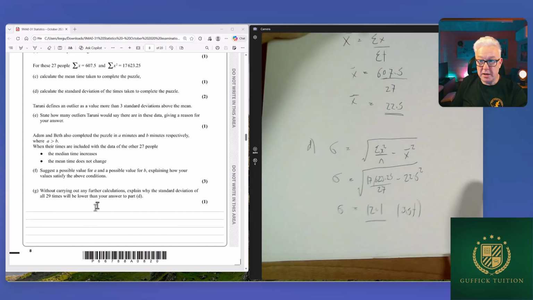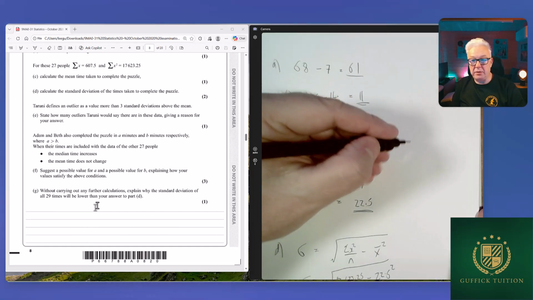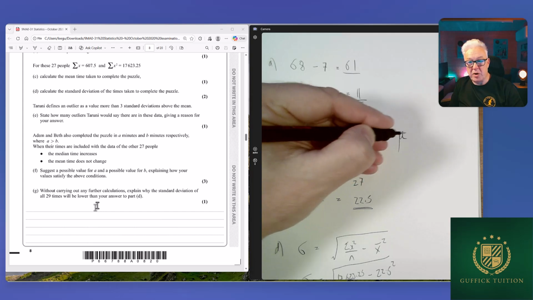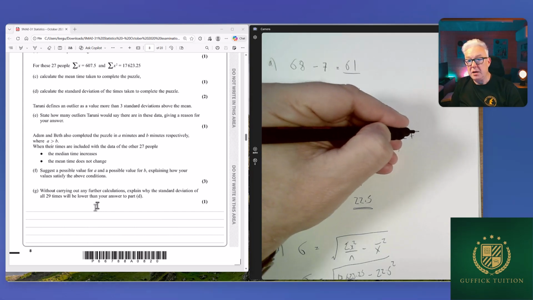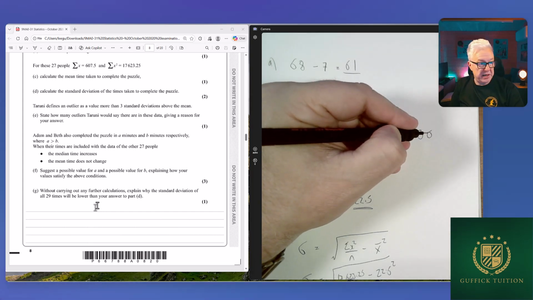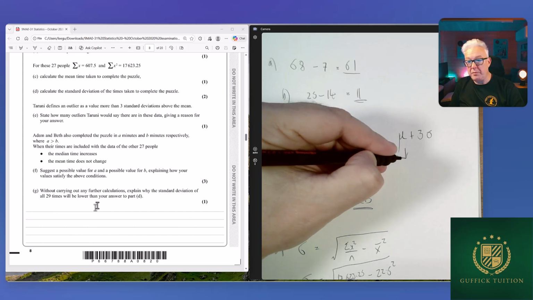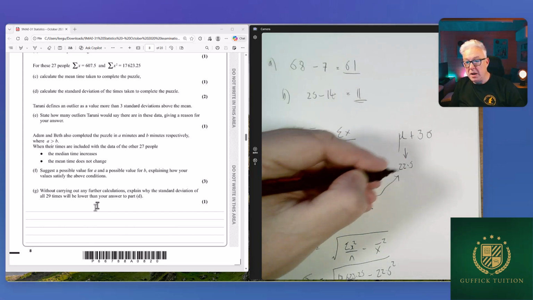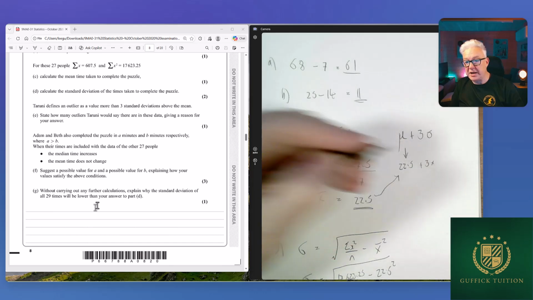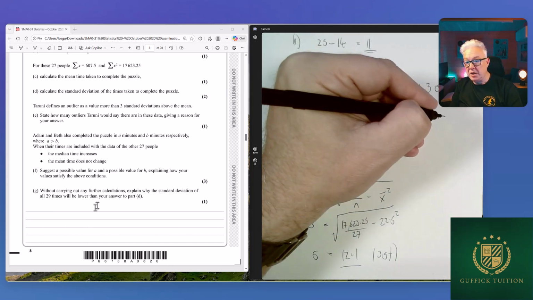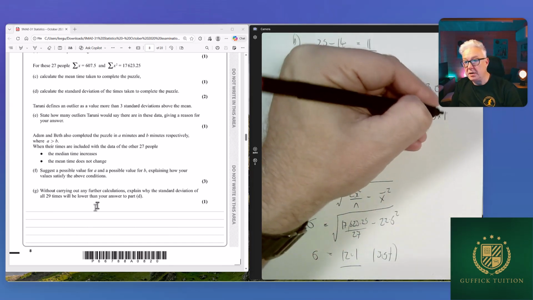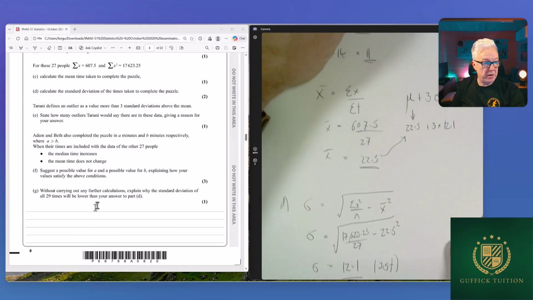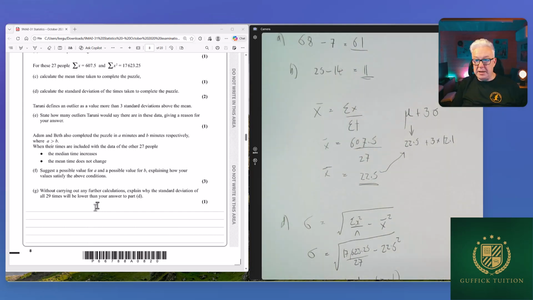So v is basically saying that an outlier is something that is the mean, if I just write mu to stand for the mean, plus 3 lots of the standard deviation. Our mean we've calculated to be 22.5, and we're going to have 3 lots of the standard deviation, which we've just found is 12.1. So we've got to work that out.